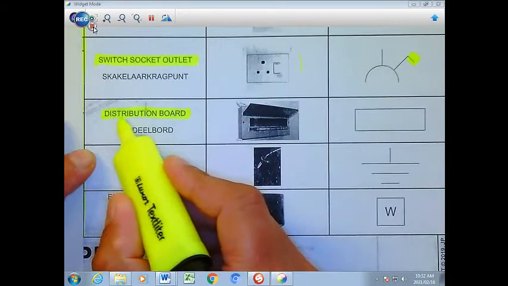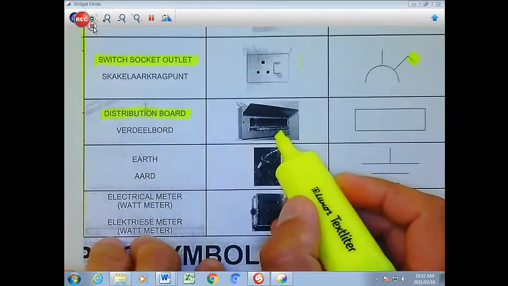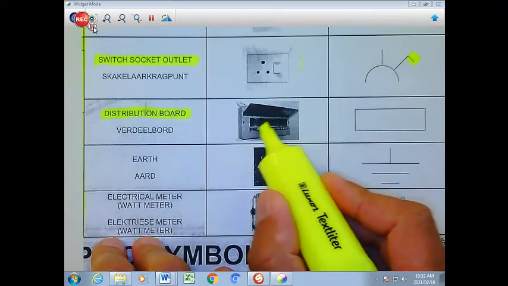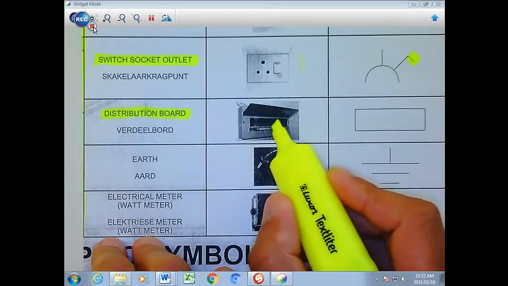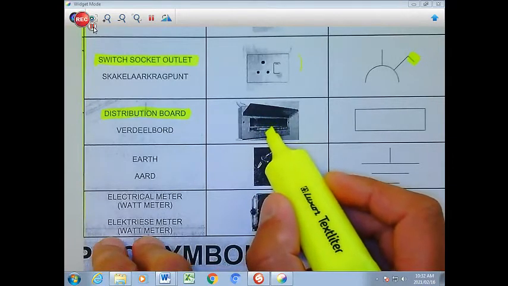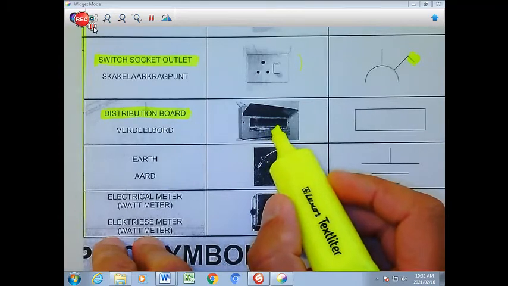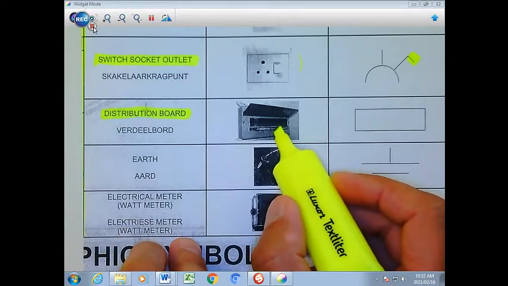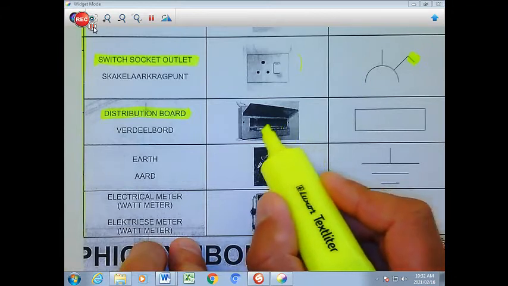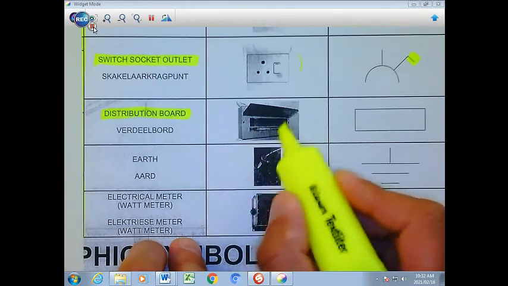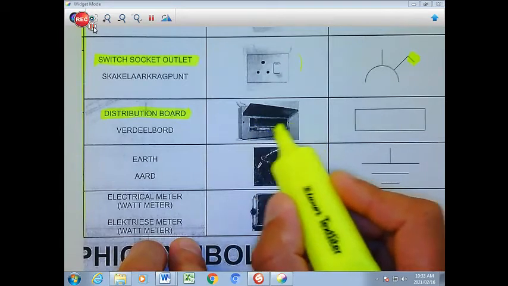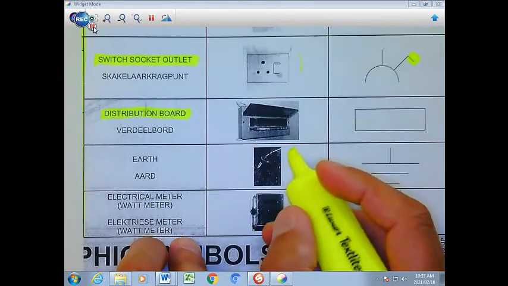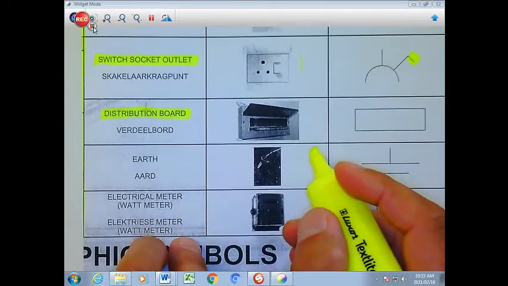Then you have a distribution board. The distribution board is the component that we find built inside a cupboard, where you will have the many switches, which are circuit breakers. If you need to work on any of your electrical components inside of your house, your domestic electrical fittings, you will probably have to switch off all these switches to circuit break everything inside of your house to allow the qualified electrician to work on those various components.